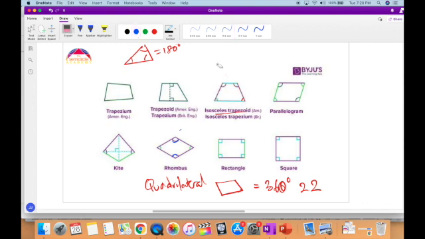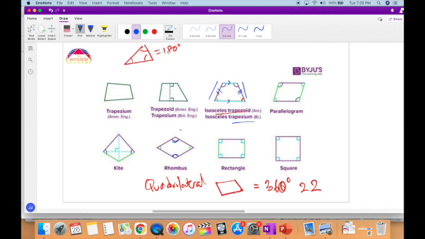Right. Well, make a note of this one as well. The isosceles trapezium or the isosceles trapezoid, where these 2 lines here are parallel, but the 2 lines that are not parallel are actually equal.